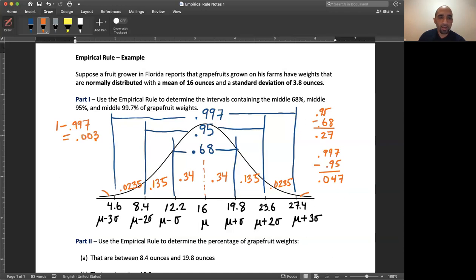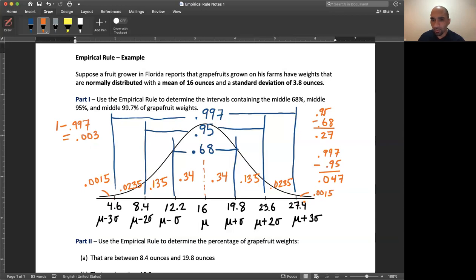And if we break that in half, we get 0.0015. So this last subinterval contains 0.0015, or 0.15% of the values. And this interval, meaning weights greater than 27.4, contains 0.0015, or again, 0.15%.